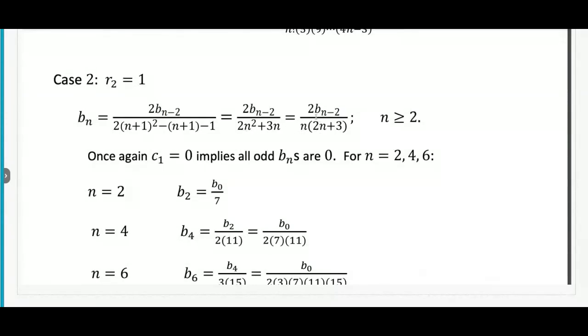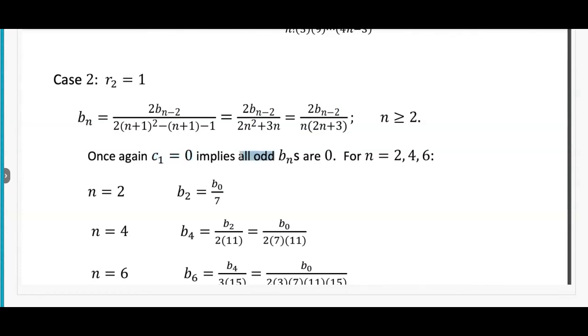So we simplify, in the end to get this relation. The nth term and the n minus 2 term have this scalar 2 over n times 2n plus 3. And again, this starts with n equals 2. Same thing, C1, if we evaluate at 1, starting from 1, we get 0.